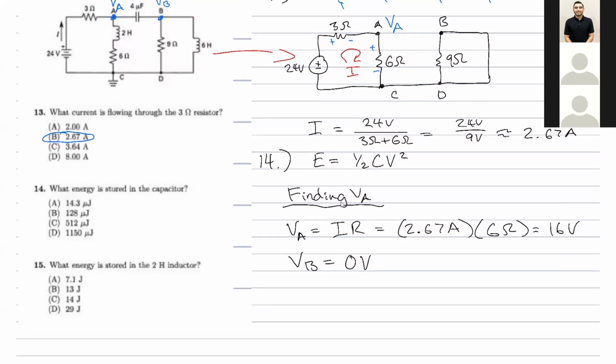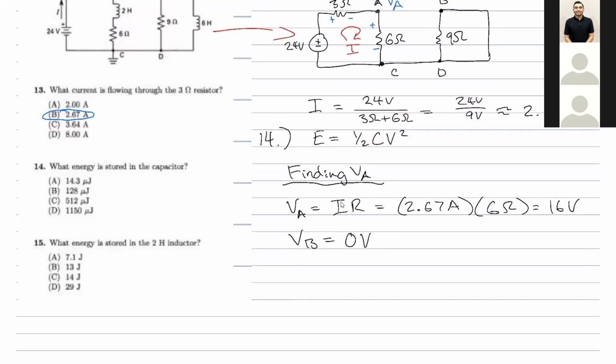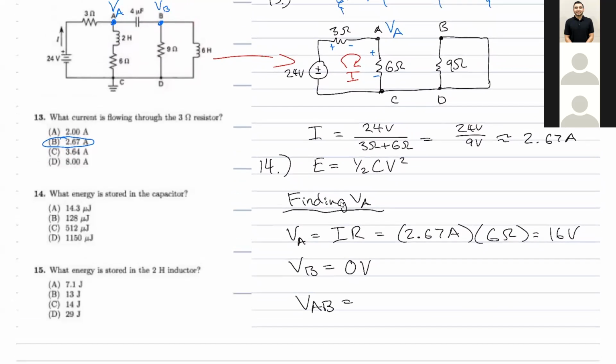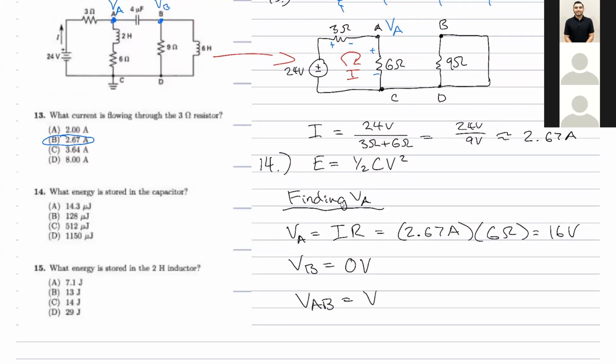Okay, so now if we set VAB, which is the voltage across the capacitor, and VAB is just VA minus VB because of the voltage difference, we get 16 volts minus 0 volts, which is just going to be 16 volts.